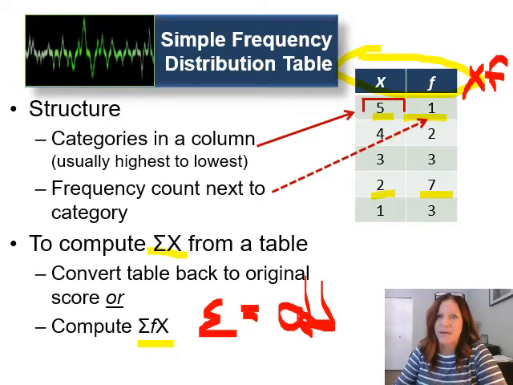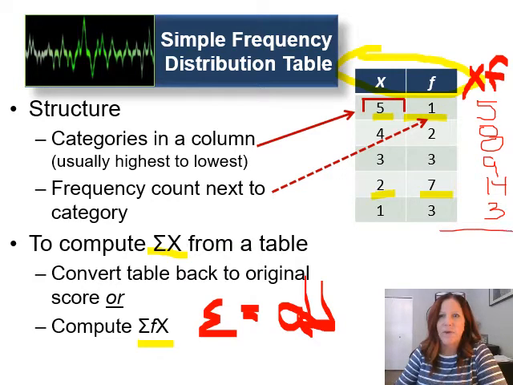So in my X times F column, I have 5, 8, 9, 14, and then 3. And once you add those all up, then you really have your sum of X.